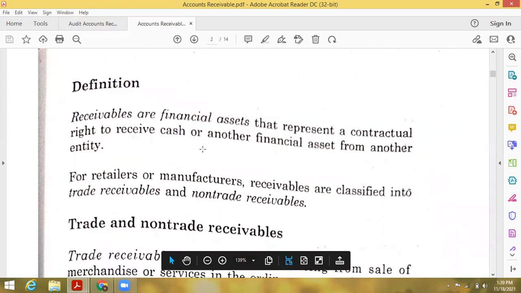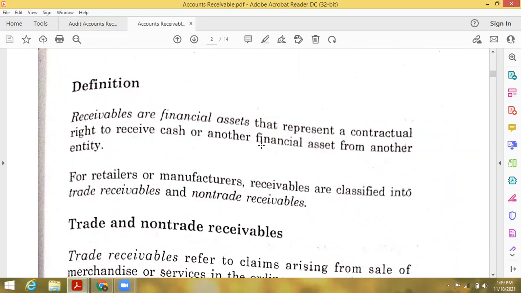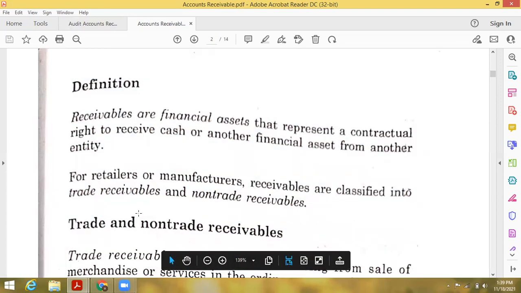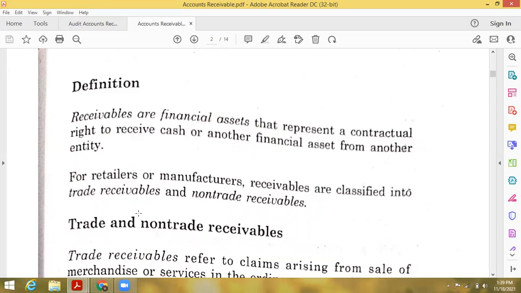For retailers and manufacturers, there are two types of receivable na classification niya, either trade or non-trade receivables. Sabi ko sa inyo, yung receivables kasi, hindi lang yan automatic na pag nagpahiram ka ng pera, receivables na. Pwedeng, kasi in manufacturing or retail, di ba, nagbebenta ka.